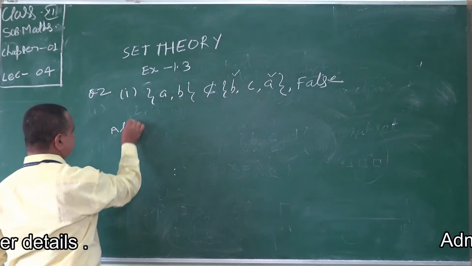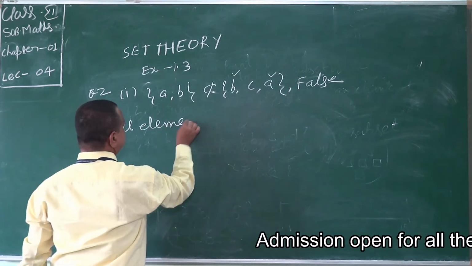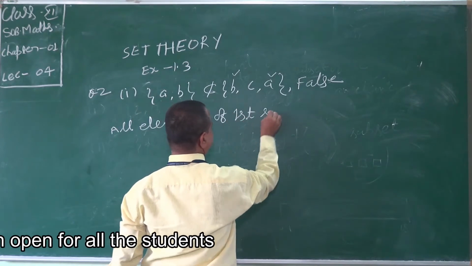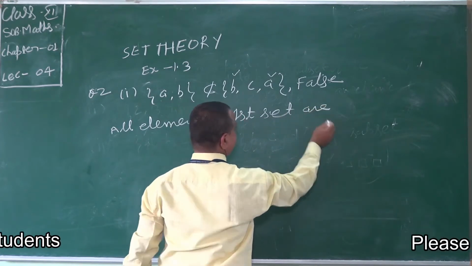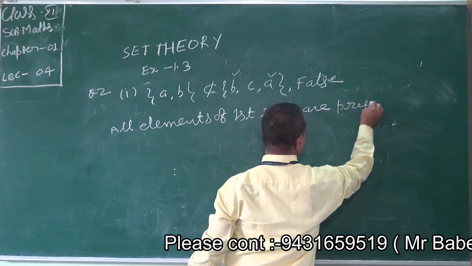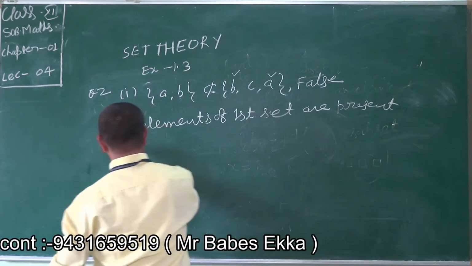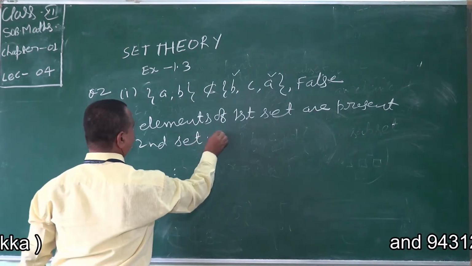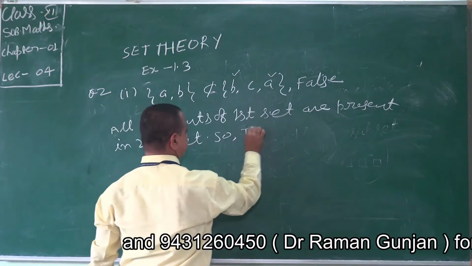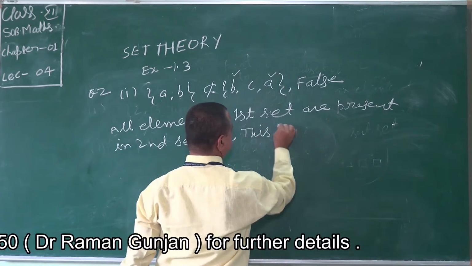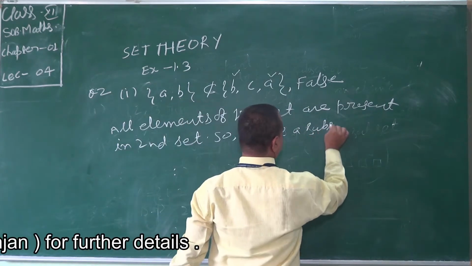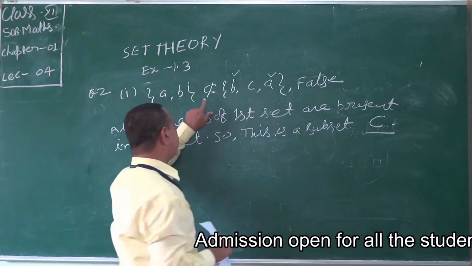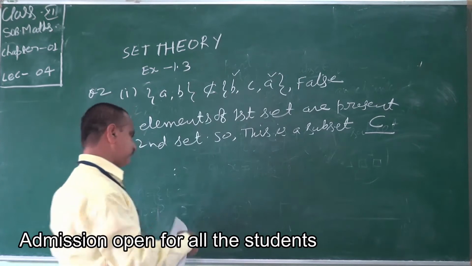All elements of the first set are present in the second set. So this is a subset. And you know the symbol of subset is this, but you have given cross. So it is a false statement.